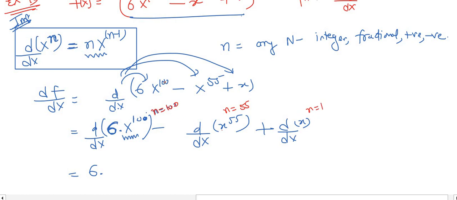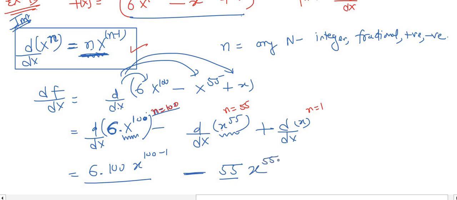So I am planning to use this formula here. So let me show you. 6 into n which is 100, x raised to power 100 minus 1. This is done. Minus, now for this I have to do n which is 55, x raised to power 55 minus 1, you can see n minus 1, that's why I am using n minus 1, plus the derivative of x.